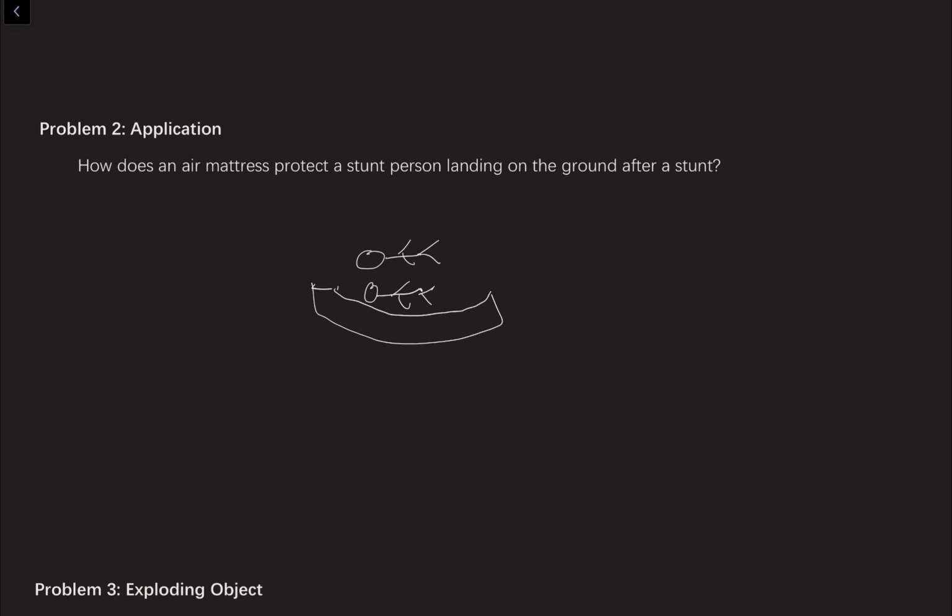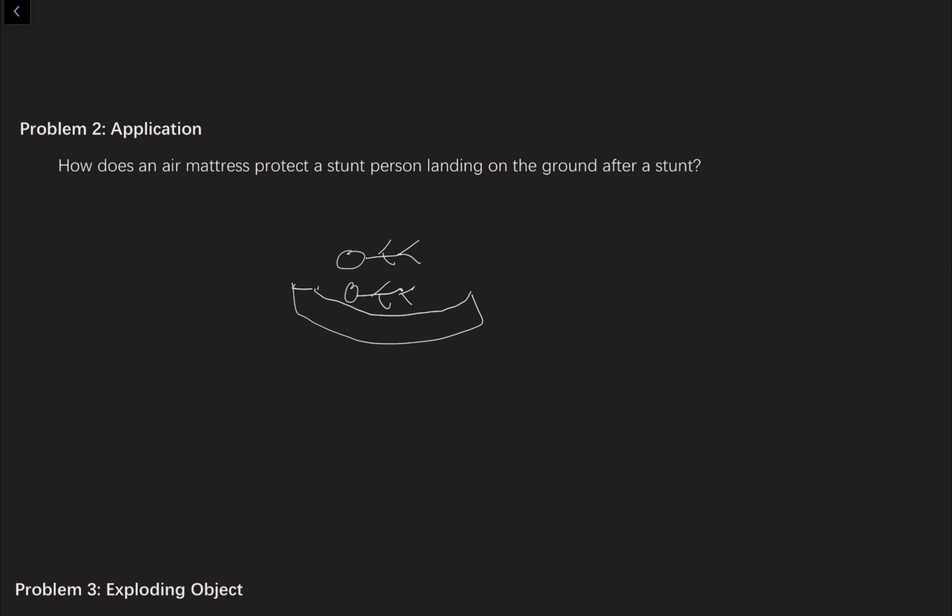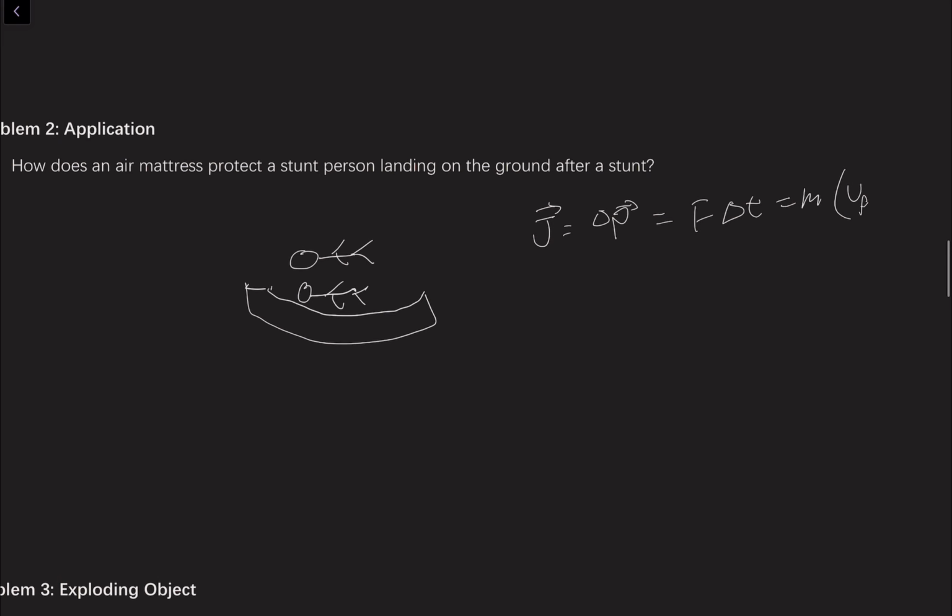which means that there's continuous force acting on this person. However, it must have the same change in momentum, no matter if it's a hard road or an air mattress. So the impulse we can calculate is F delta t equals m (v final minus v initial).